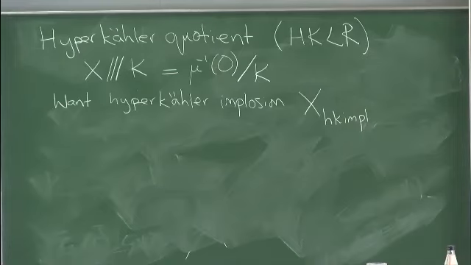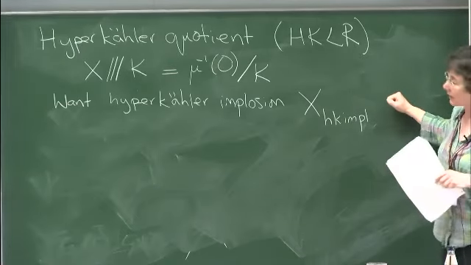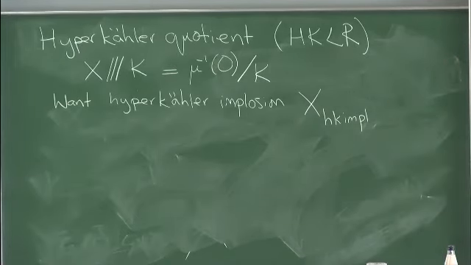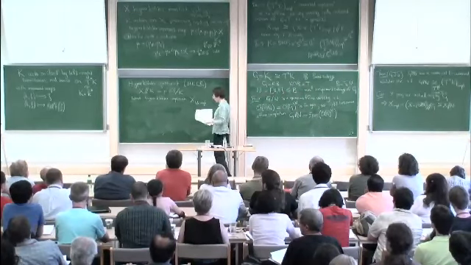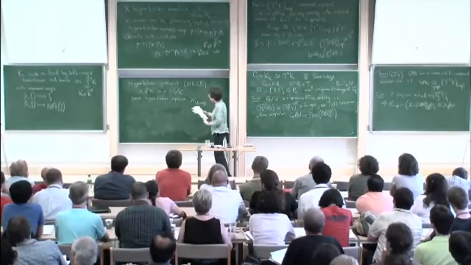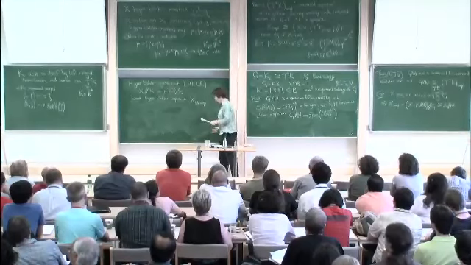On the other hand, we're expecting this thing to have nasty singularities, particularly near the inverse image of 0. So we won't necessarily have gained. But that's what we're looking for.